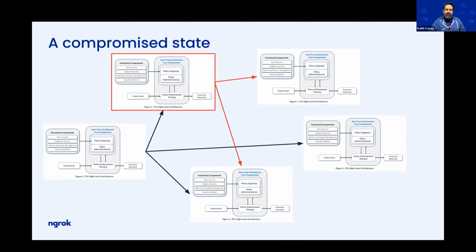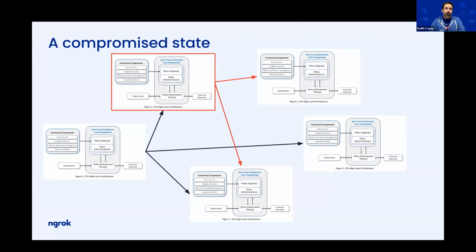Because when we have a system and it gets compromised, it could be compromised by a malicious actor getting a breach into it, getting live access to things. It could be a component somewhere in our supply chain that's been compromised. It could be not compromised in terms of a security state, but just compromised in the sense that it's in a bad state.